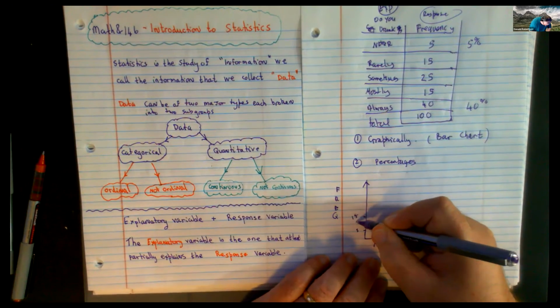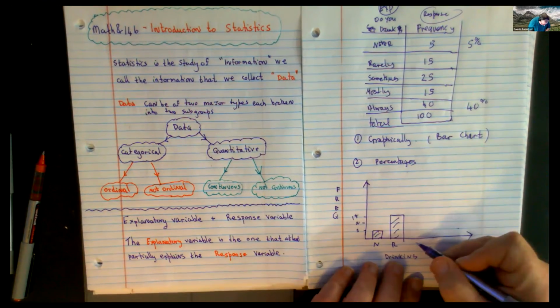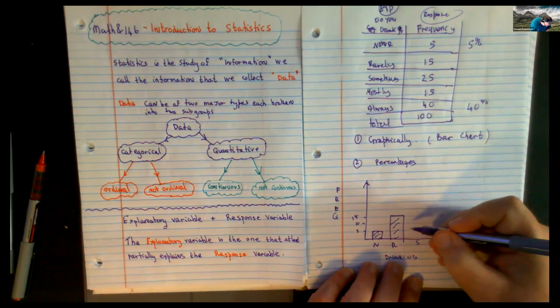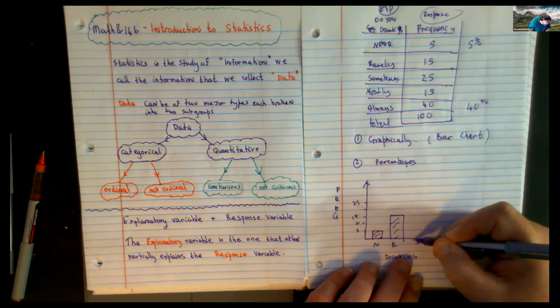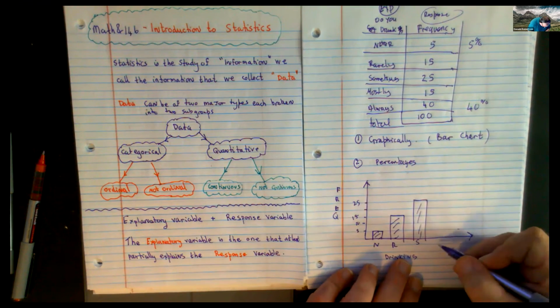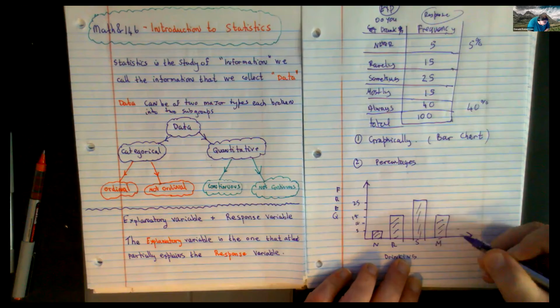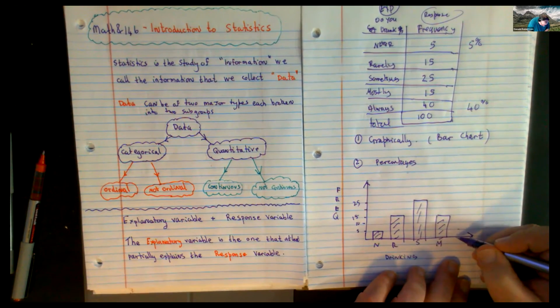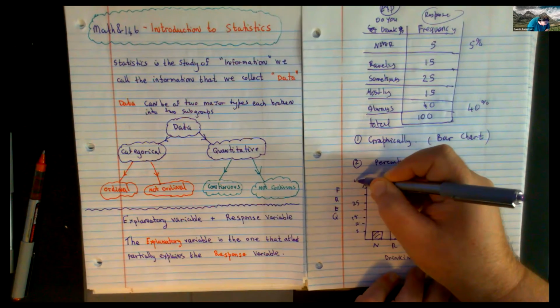I apologize for how untidy this is. Then you have sometimes, 25. Then you have mostly, back down to 15. And then right at the end, you have always, which is 25, 30, 35, 40. Whoa, just made it. Way up there.